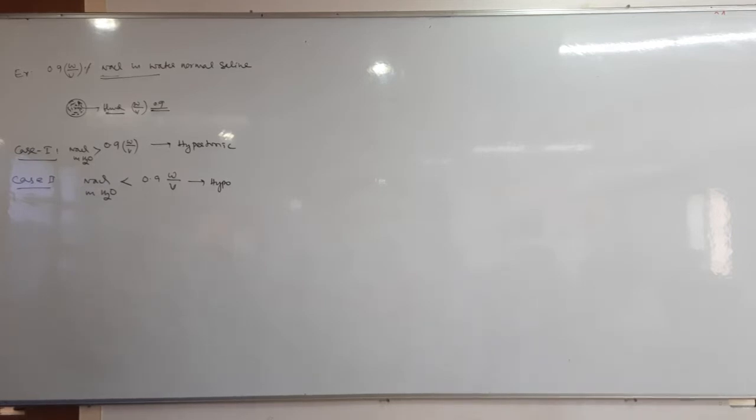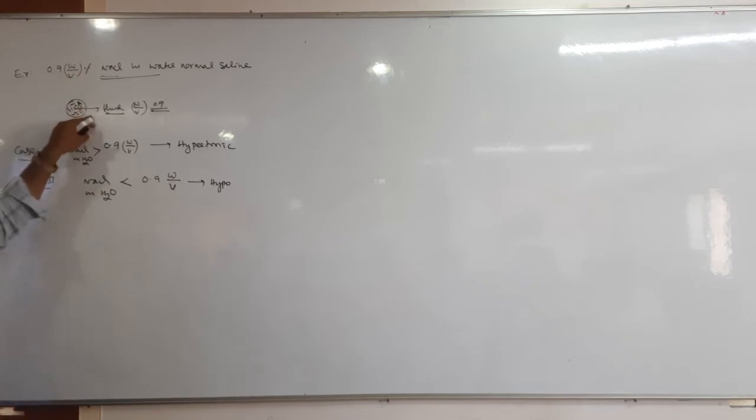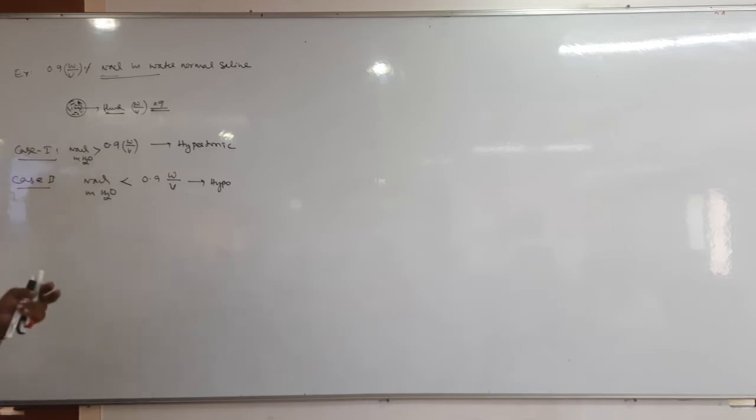This normal saline is isotonic with the fluid present in RBC. Inside the RBC the fluid concentration and osmotic pressure will be the same as this concentration. These two are isotonic solutions. In case 1, if the NaCl in water is greater than 0.9, then the saline water is called hypertonic solution.